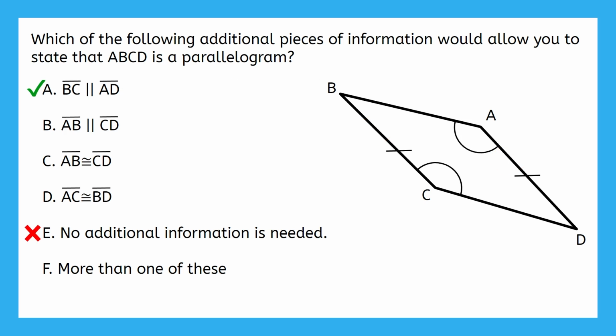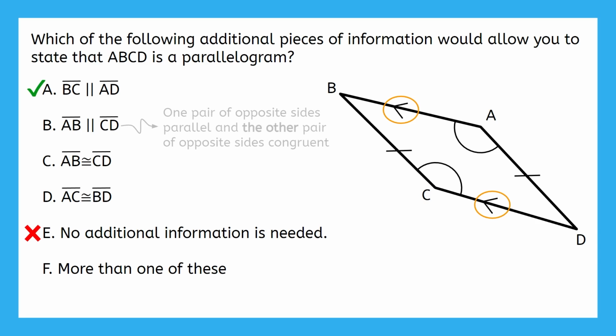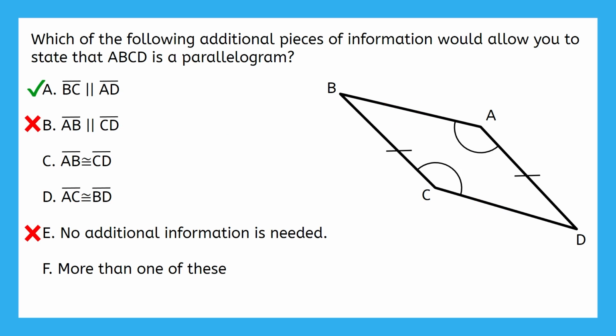How about answer choice B? AB is parallel to CD. That one changed my drawing by adding parallel symbols here. Is this enough information to state that ABCD is a parallelogram? No, this gives us one pair of opposite sides that are parallel, and the other pair of opposite sides are congruent. That does not meet any of our parallelogram tests, so this answer is not correct.